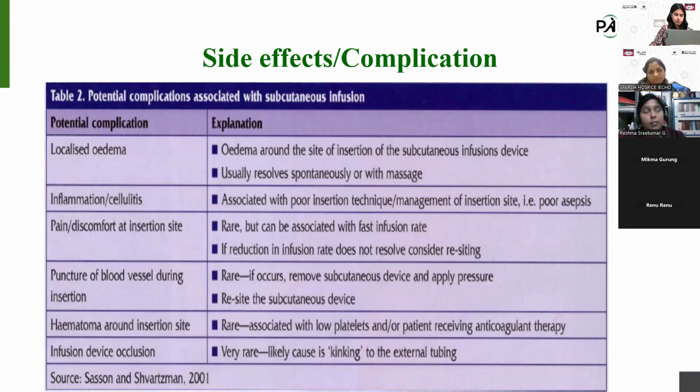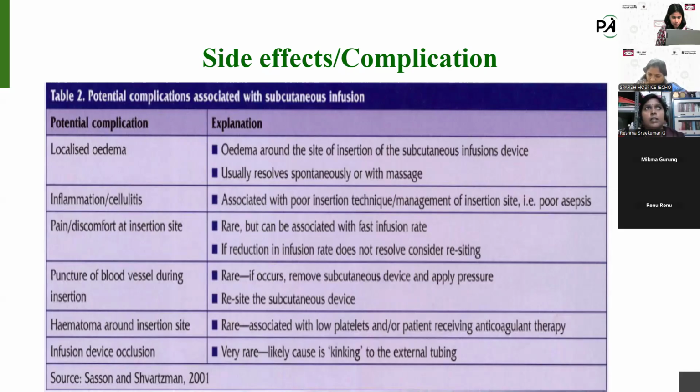Then the patient may experience pain or discomfort at the insertion site. It is very rare. Usually the pain occurs when we are giving more than 20 drops in a minute. At that time, the patient may experience pain. If the patient is having pain, just reduce the drop rate from 22 to 20, 15 or something.